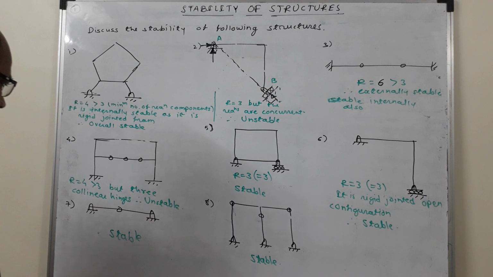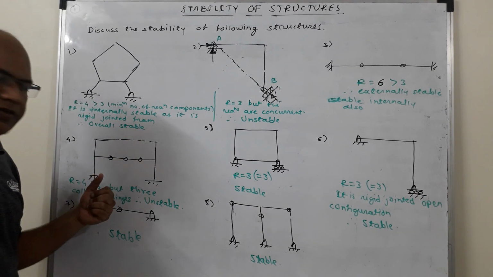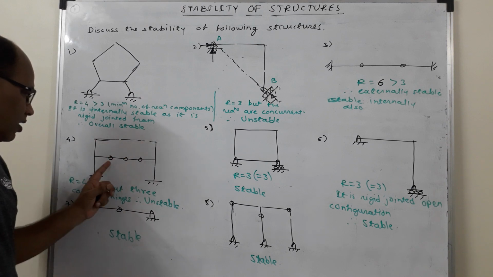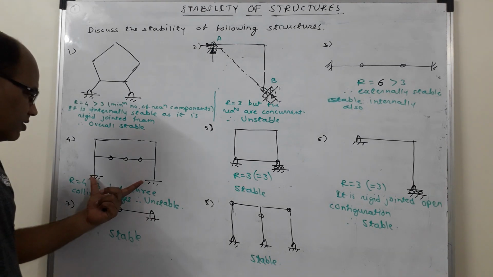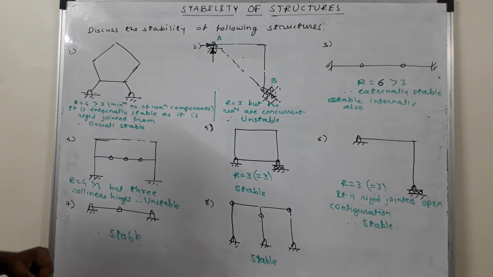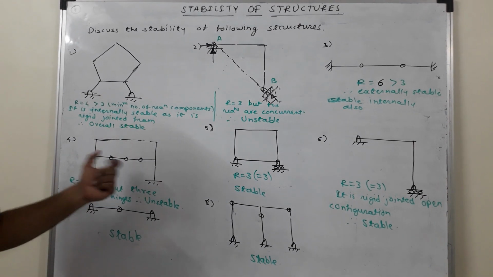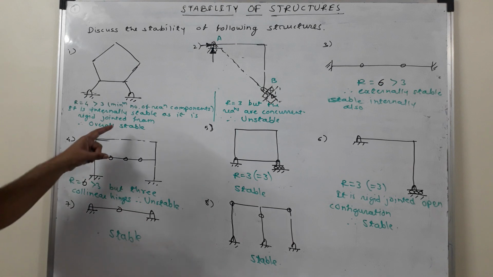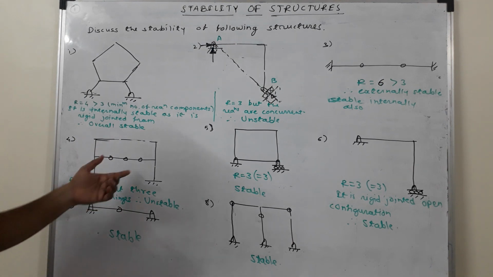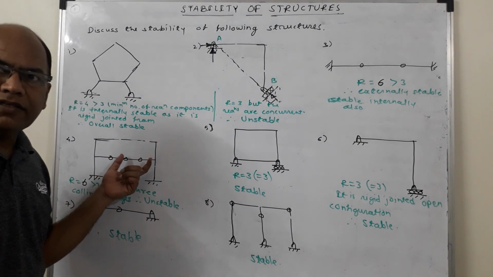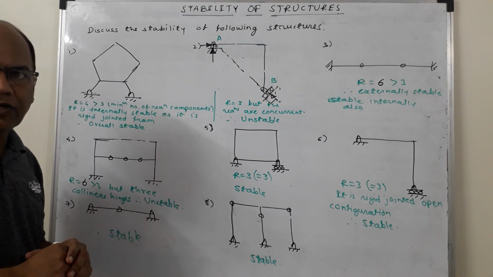Now question number 4, in which again a frame is shown, which is a hybrid type of structure. Two joints are rigid joints and there are some internal hinges provided over there. If we go for external stability, there are 6 reaction components, which is greater than 3, and that is why it is externally stable. But for internal stability, if hinges are there, there should not be 3 or more than 3 hinges along the same straight line.